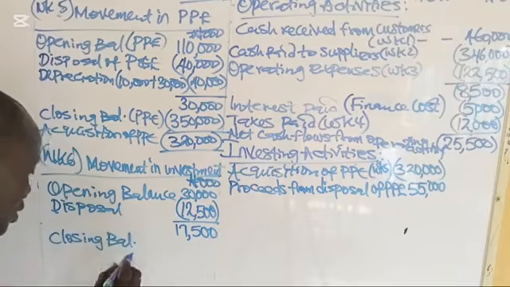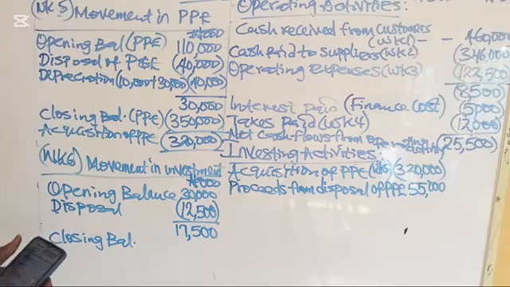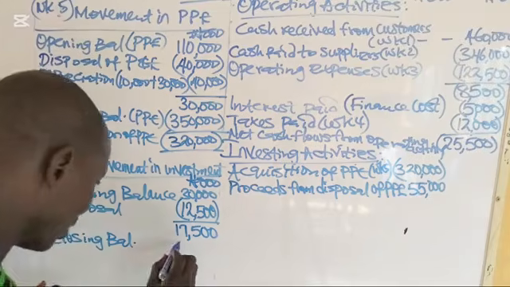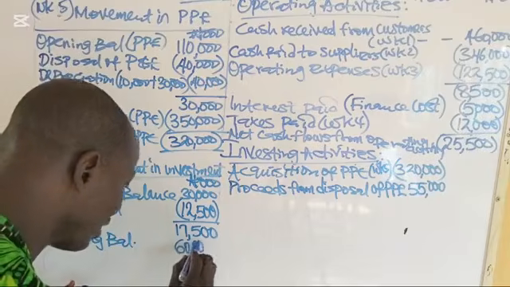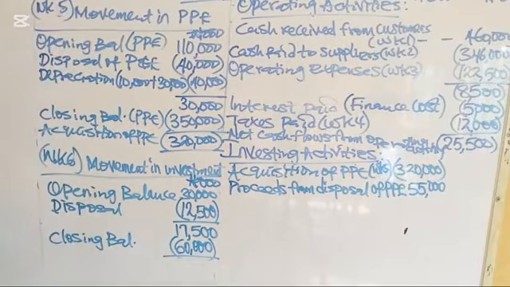Closing balance. How much is the closing balance? 60,000. So if the closing balance is greater, what does that imply? There was an acquisition.